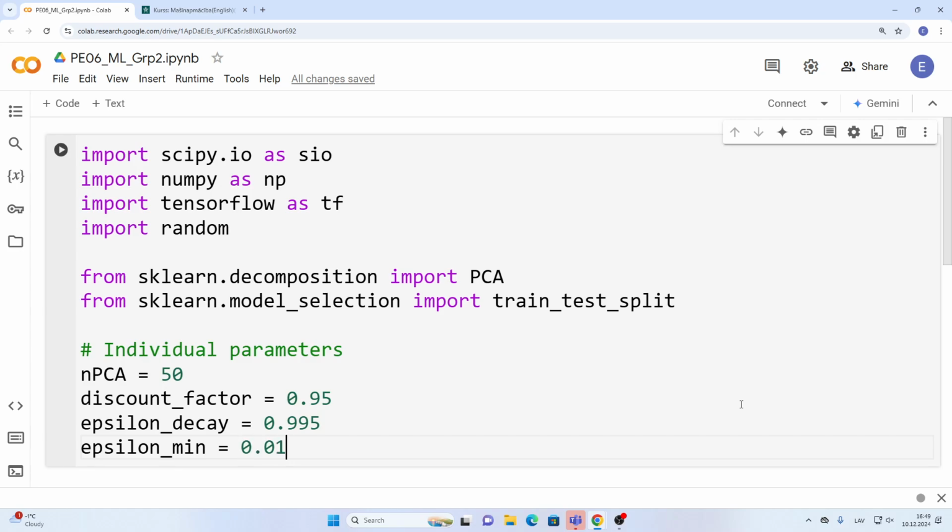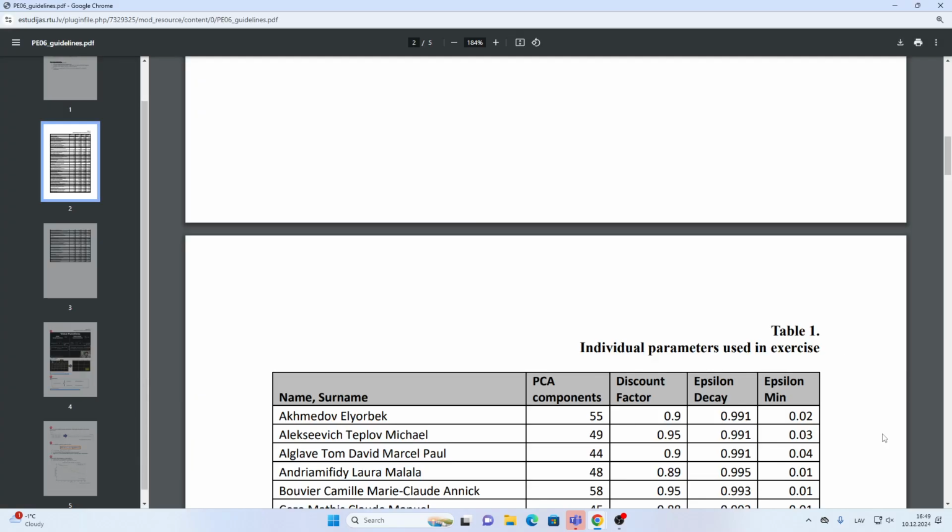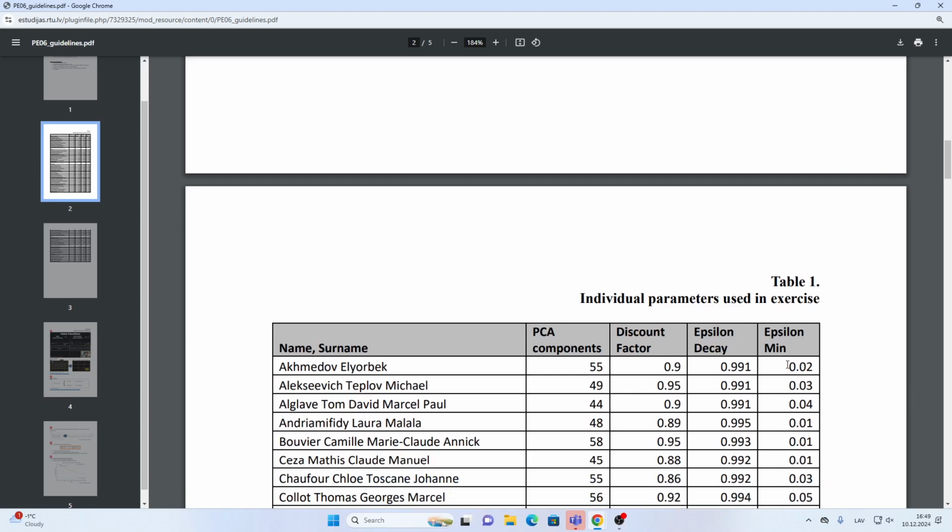So this is a certain limit up to which we will allow it to decay from the certain starting value. Yes, and also we need some starting value. Now this is same for everybody. Epsilon is equal just to 1.0. That's the point we are starting off. And with this rate, we are slowly approaching with each next iteration towards this minimum until we reach it.